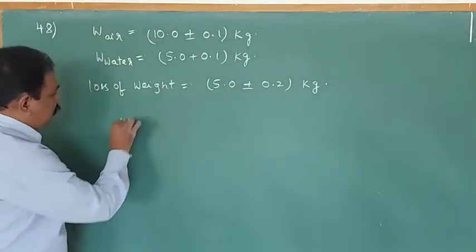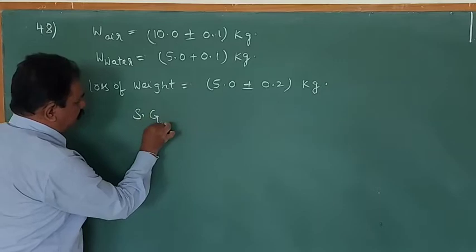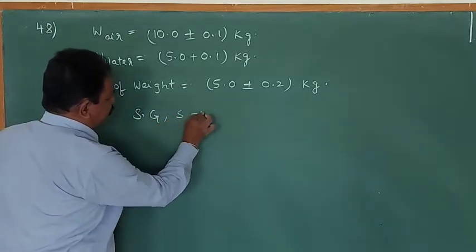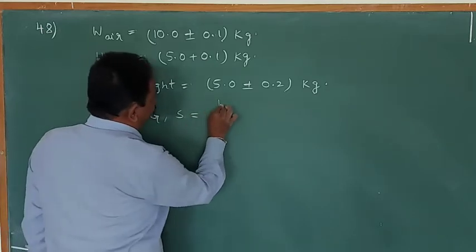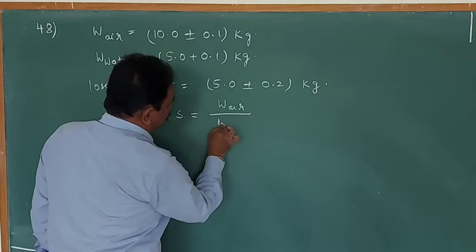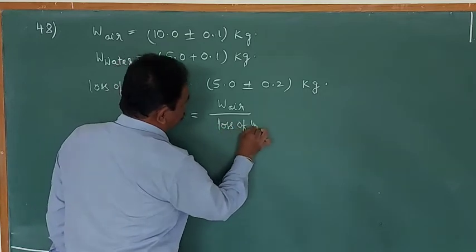Then what is the specific gravity formula? Specific gravity, some symbol S I am taking, is weight in air by loss of weight.